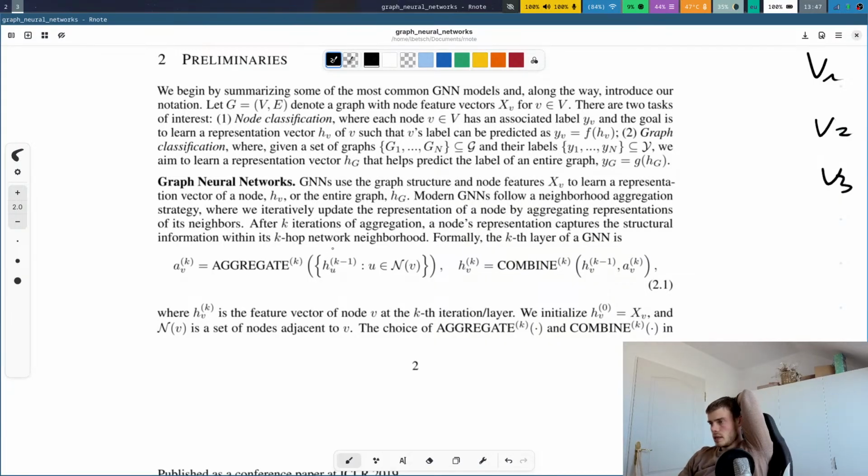AVK is the aggregate of all of the neighbors of V, of all of their hidden states, which is then used as a message. They call it the aggregate. In the previous paper, they called it the message, which is then used to update the hidden state of the vertex.